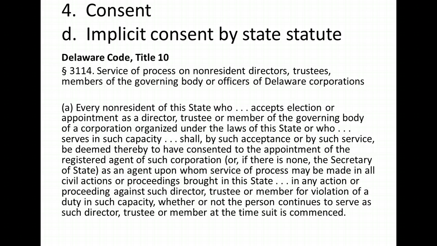An earlier example that we saw of this implicit consent idea was in the Hess versus Pawloski case, where the Massachusetts state statute said, if you drive a car in our state and you cause an accident, then you are implicitly consenting to personal jurisdiction in this state by your use of highways in the state of Massachusetts for any case that arises out of your use of the vehicle in the state of Massachusetts.